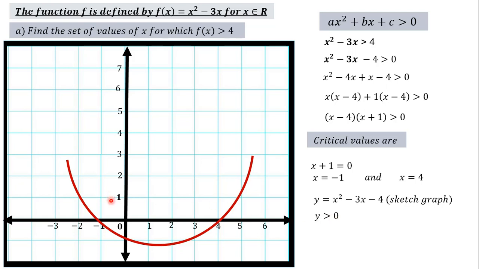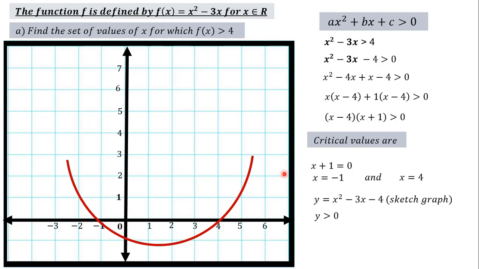Now, if you look at the graph, students, after -1, the values of y are increasing from 0 towards the positive side. Just look here, the value of y is 1. Just look, the value of y is 2. Here the value of y is going to be 3. Here the values of y are also greater than 0.